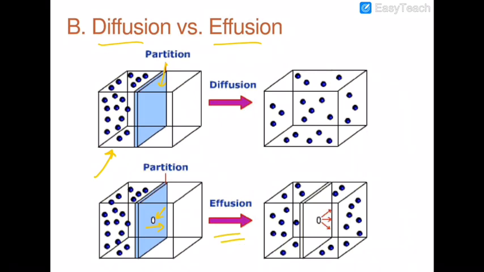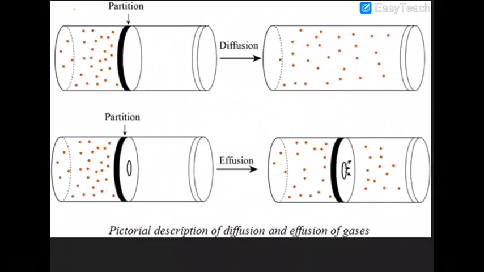Allowing the gaseous particles to pass through a pinhole is effusion, and allowing the particles to intermix together via a broad area is called diffusion. That is also an experiment to see diffusion and effusion.